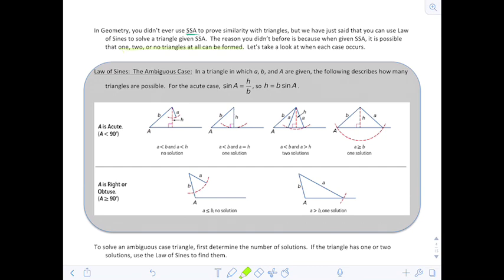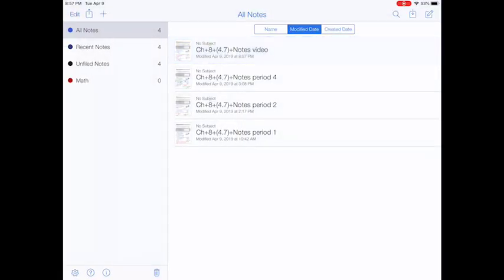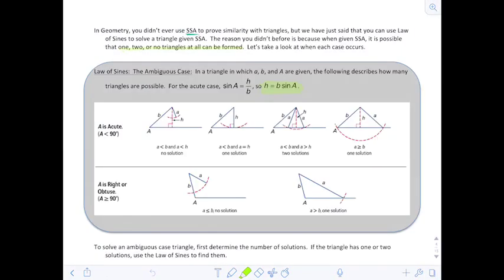So there are different cases that can occur in the ambiguous case of the law of sines, so let's take a look at those three scenarios. In a triangle where A, B, C are given, the following describes how many triangles are possible. For the acute case, we have the sine of A equaling h over b, where h is the height, which is what we're going to use a lot, equaling b times the sine of A. So first of all, let's look at the obtuse angle case.